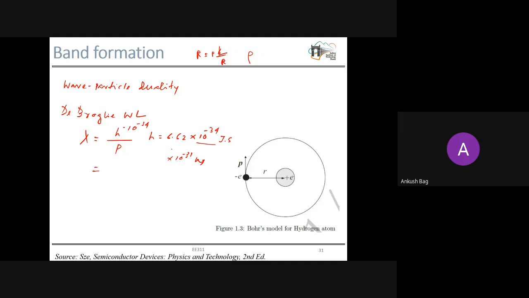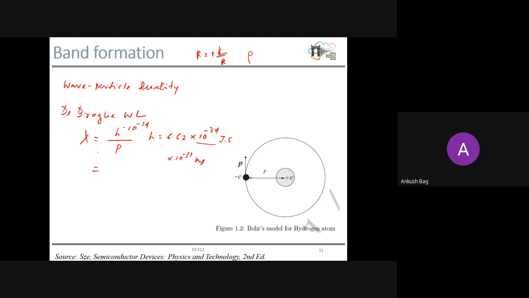So try to understand. I believe you should not try to memorize something, but try to understand the basic phenomena, what is actually happening. The thing is the order of 10 to the power minus 34, this Planck's constant, and that is why all these objects we see with our bare eye, we do not treat as waves.